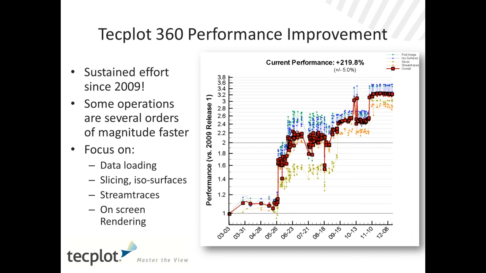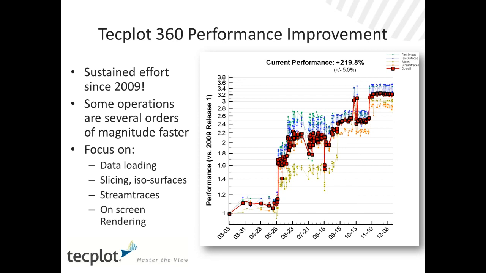And we had a sustained effort since then. As a result, some operations have improved dramatically, including some of the loading operations, especially for finite element data. You can see in this chart on the right that over just this one period, we increased our performance by about a factor of 3.5.